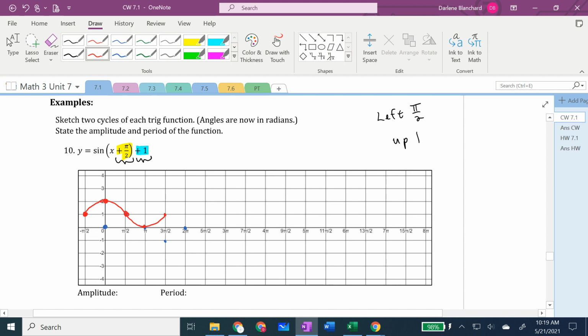That gives me one cycle of the graph. This is now asking for 2 cycles of the graph. So starting at the midline, we again are going to go to the highest, the midline, the lowest, back to the midline.